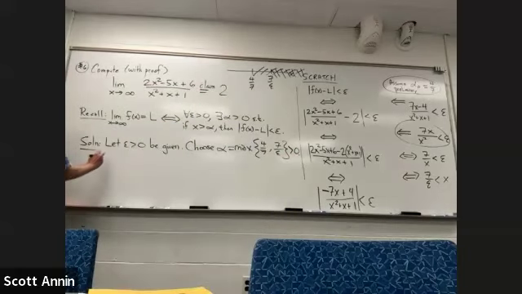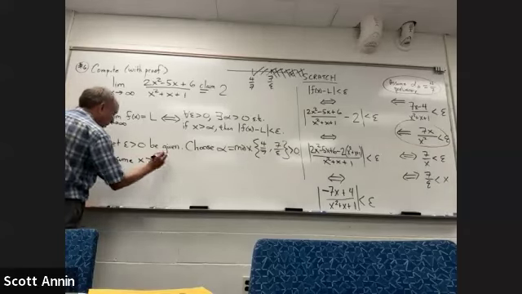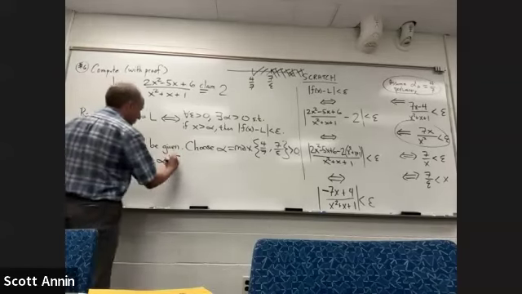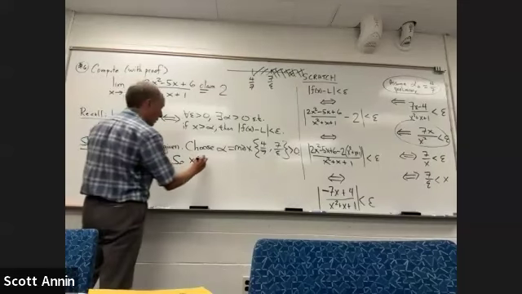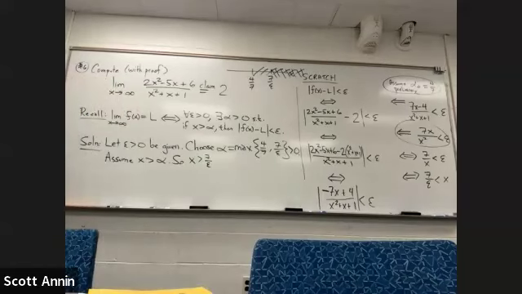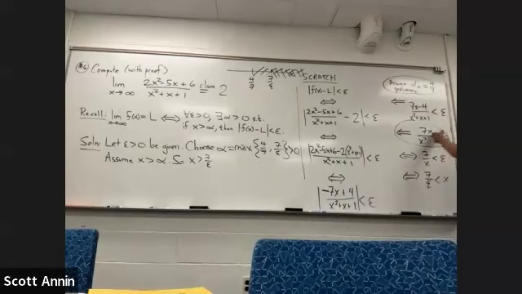And then it's just a matter of checking it. So let's assume, now we get into the actual verification. Assume that x is greater than alpha. So x is greater than 7 over epsilon. And if x is greater than 7 over epsilon, then we come back over here and we retrace through the scratch work.